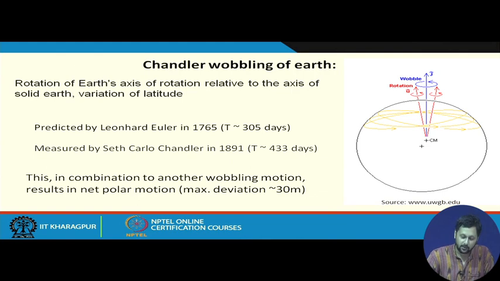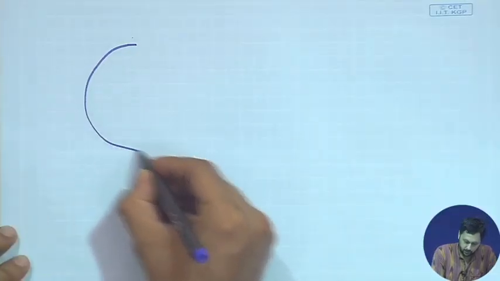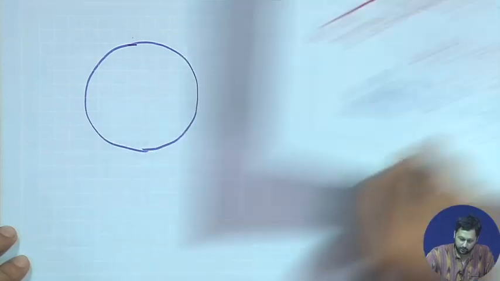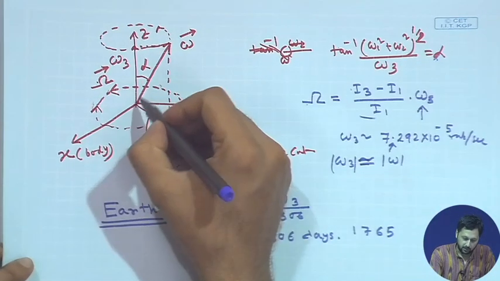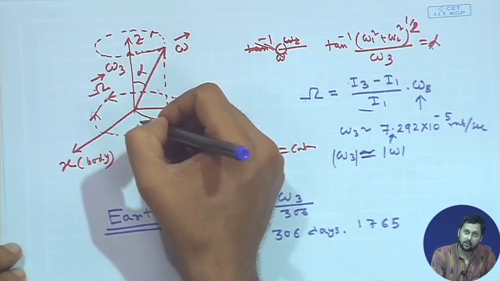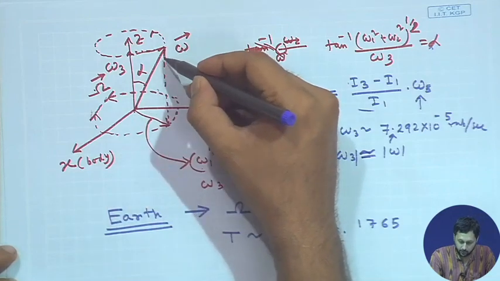Now, it needs a little more explanation, I guess. So, let us come back to this. Let us say this is your earth surface. Now, this rotation, what does it mean? That means body Z represents the geometrical north pole of the earth, and this one, what does it represent?